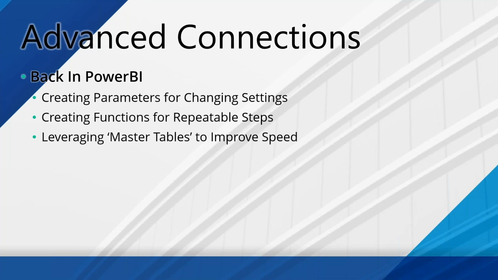We may need to leverage some master tables in the Power BI environment to improve the speed of the data fetching, because Power BI, again, can be really slow. And you don't want to have to go after all of the content records to get the libraries they are associated to, and then go after all the content records again to fetch different information and store it in a different table. That's not really the most efficient.